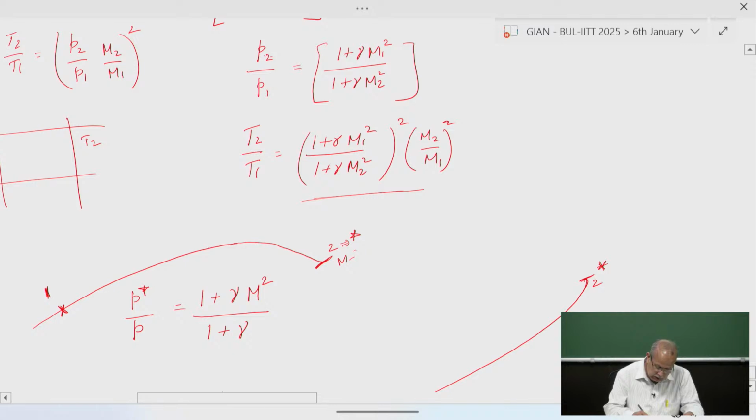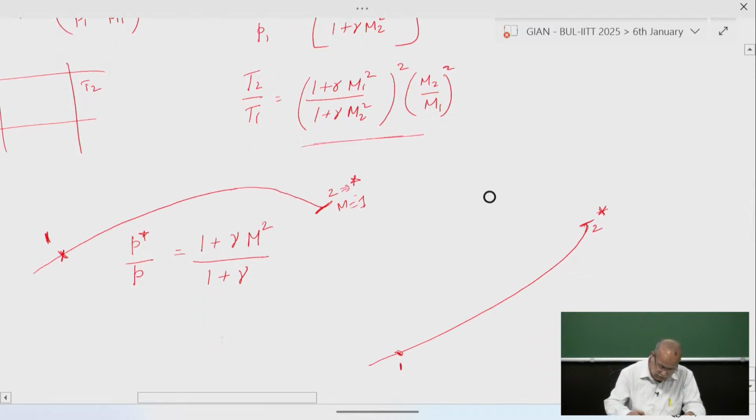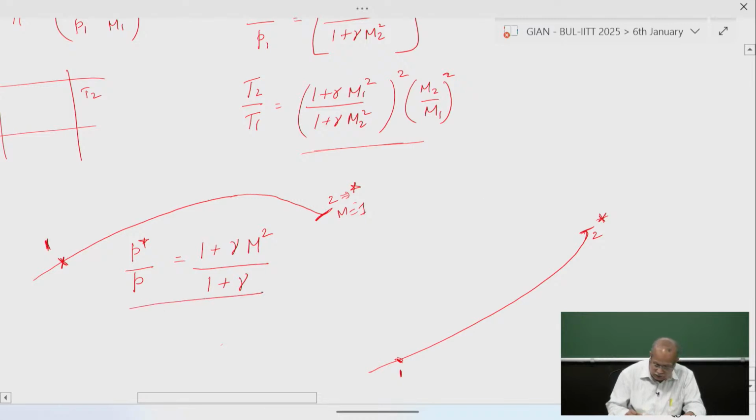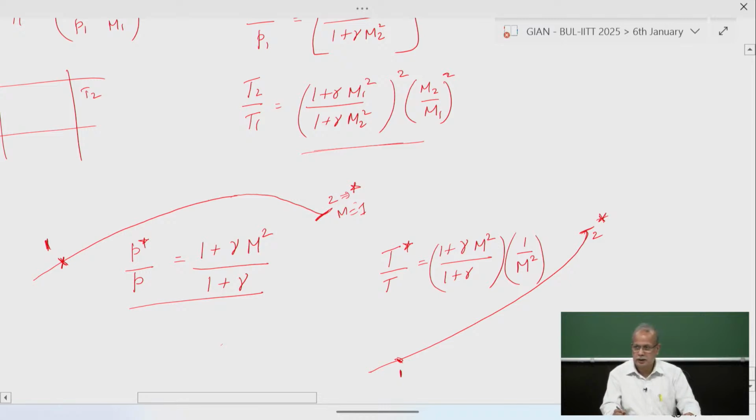Because this is critical, M equals 1. So this is the same whether it is the upper branch or the lower branch. Similarly, we can write T star by T is equal to 1 plus gamma M square by 1 plus gamma, into 1 by M square, squared. Is that clear?